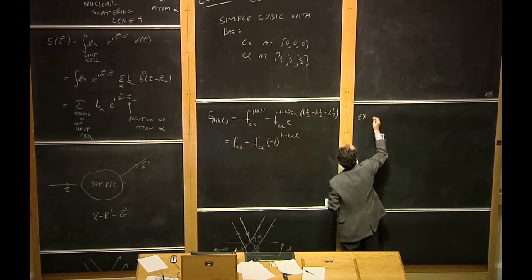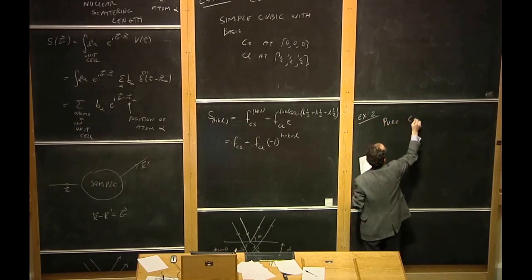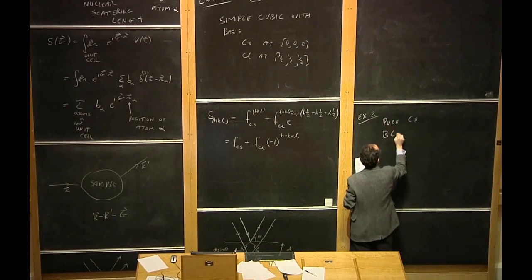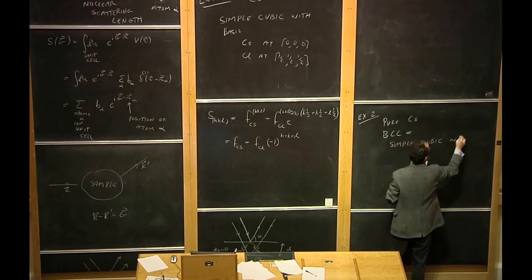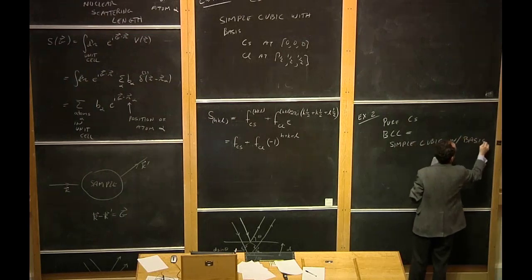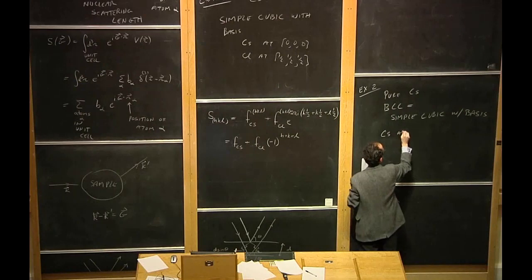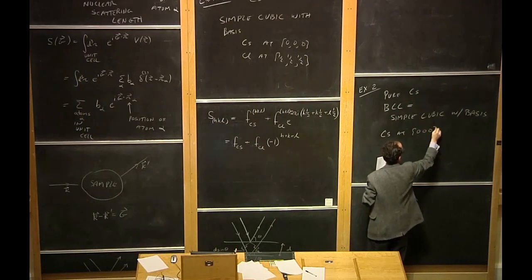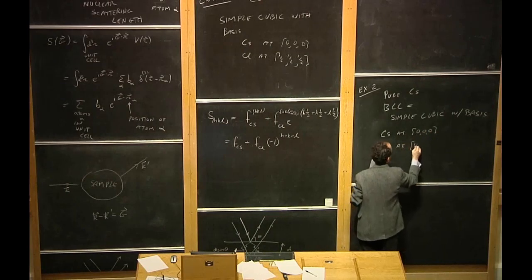Example 2: pure cesium. Now you remember that that's BCC, but BCC can be thought of as simple cubic with a basis, where the basis is cesium at 0, 0, 0, and cesium at 1/2, 1/2, 1/2.